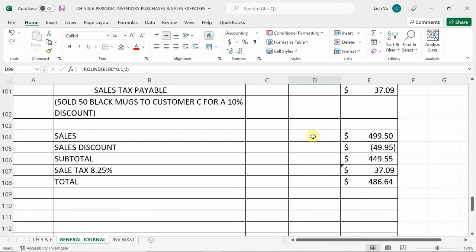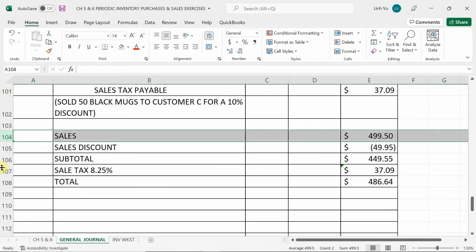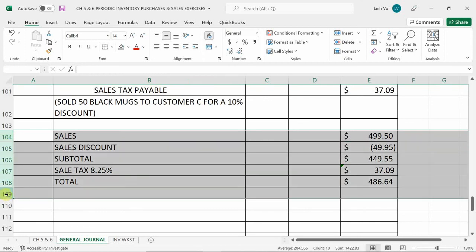If you do that, you have to do it in this order: sales first, minus the discount, plus the tax. How much money are you actually going to get out of this sale? Okay. All right. Does that clarify? Yes, thank you.